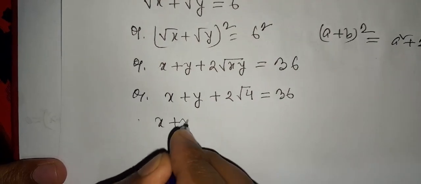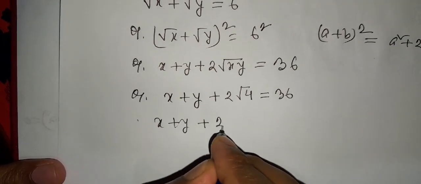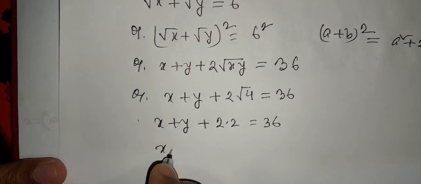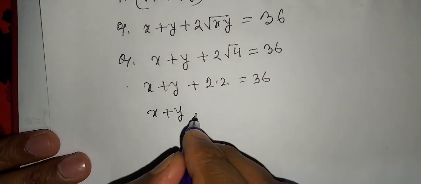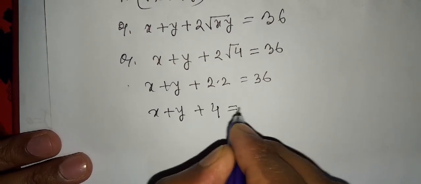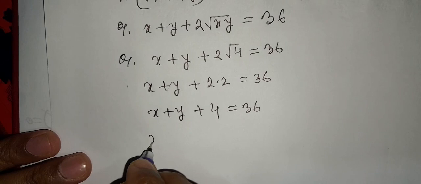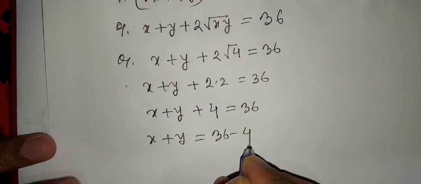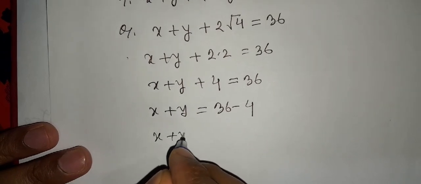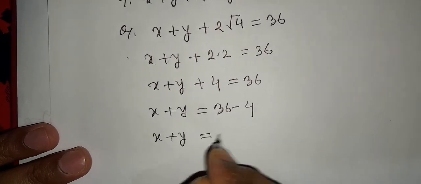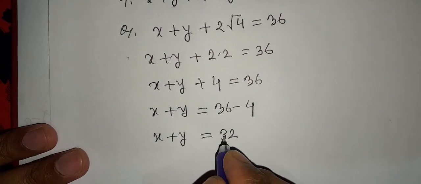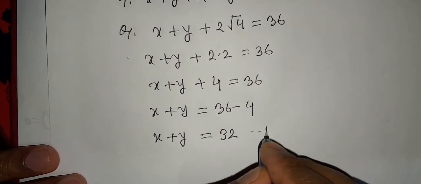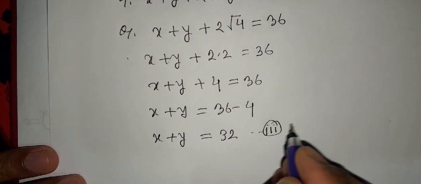Here x plus y plus 2 into 2 equals 36. x plus y plus 4 equals 36. x plus y equals 36 minus 4. So x plus y equals 32. It is equation number 3.